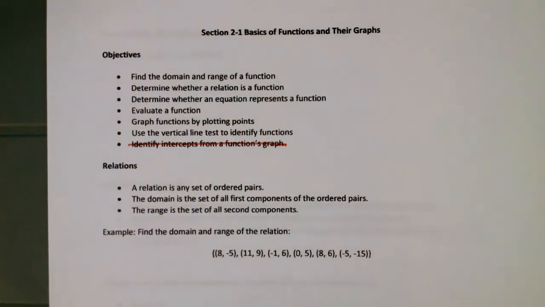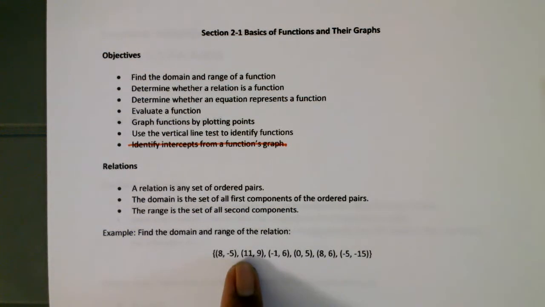Now, let's talk about what relations are. A relation is going to be any set of ordered pairs. So if you look down here in this example, you'll see a set of ordered pairs that is considered to be a relation. And in every relation, we can identify the domain and range.